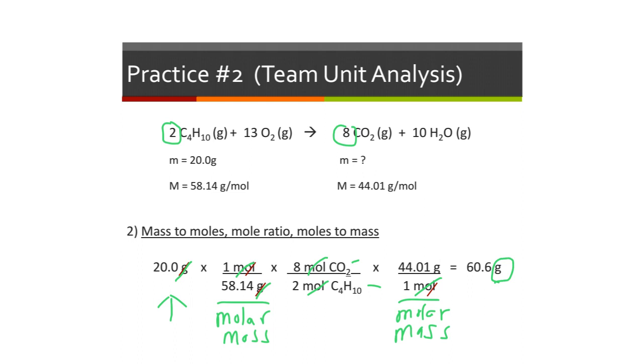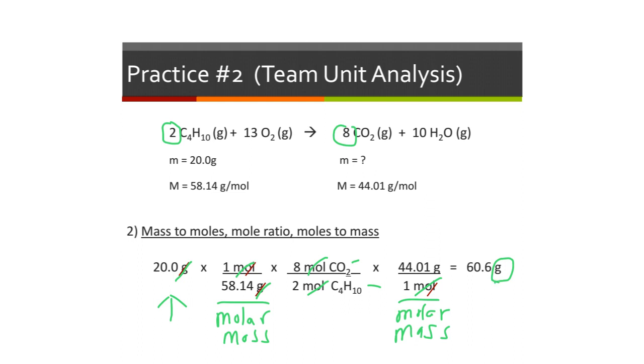Lastly, you do your math with your calculator, and you take 20 times 1 divided by 58.14 times 8 divided by 2 times 44.01. You hit enter, and the digits tell you 60.6. And then the units is grams, because that's what we were left with in our analysis earlier.